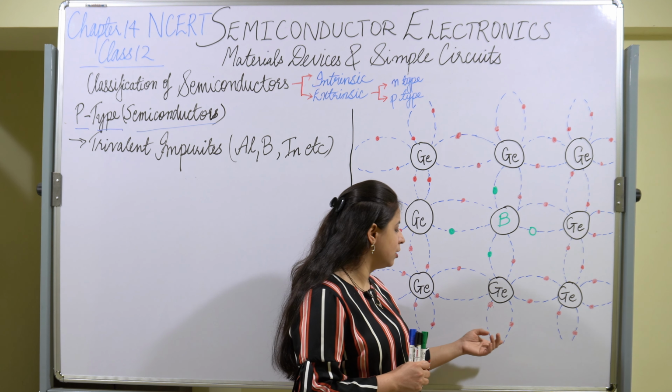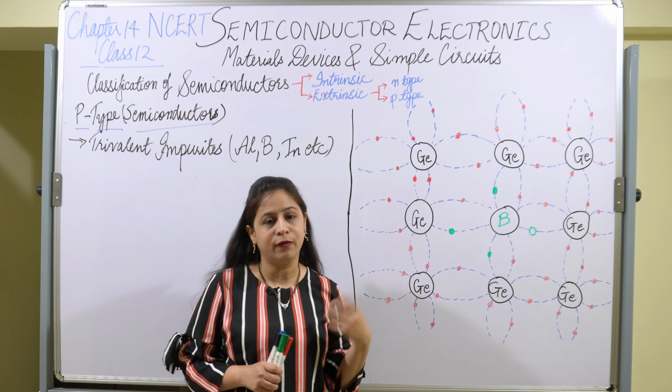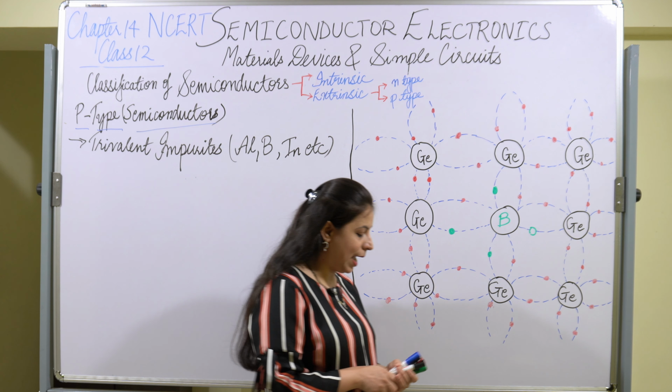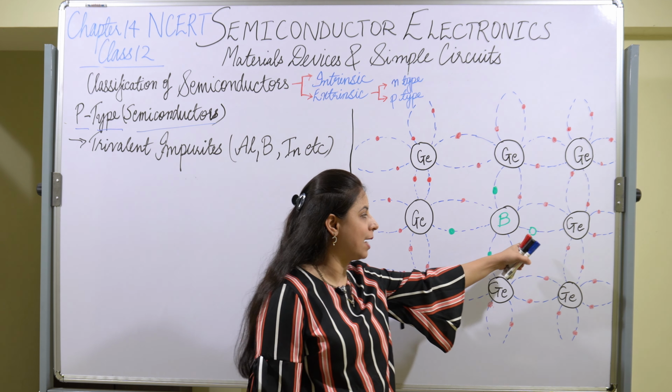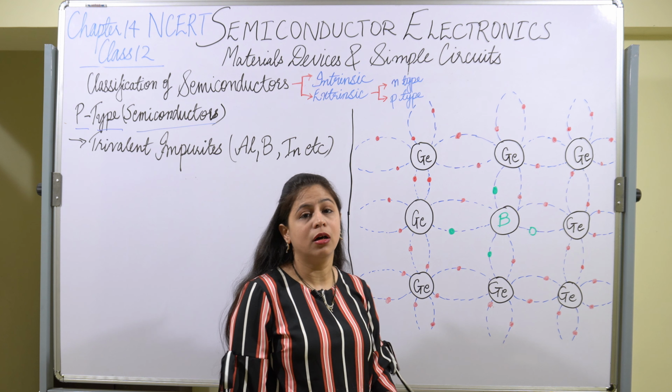Now any of the electrons can jump to this hole and form a vacancy over there. Suppose this electron wants to jump to this hole, because it acts as a positive charge, it gets attracted to this hole.